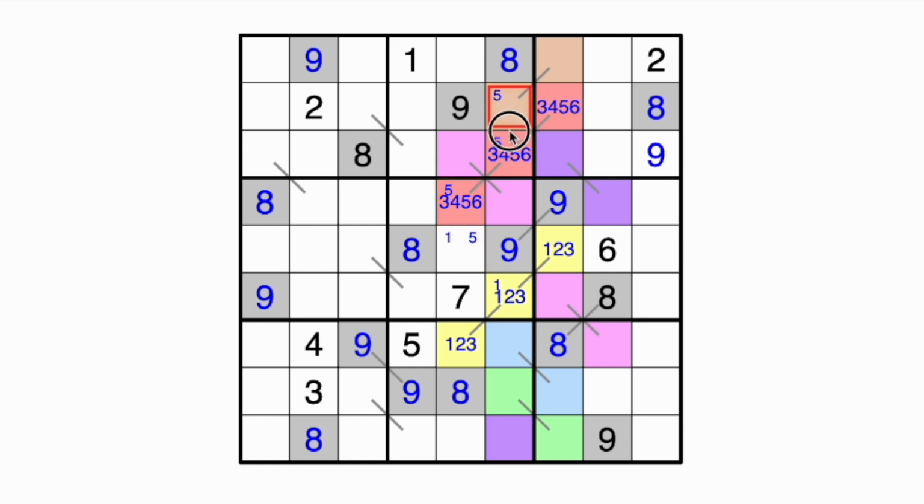But that means that because one of these 2 is a 5, one of these 2 is a 5. Which puts 5 in one of these 3. Not great. 5 goes in one of these 3 as well.